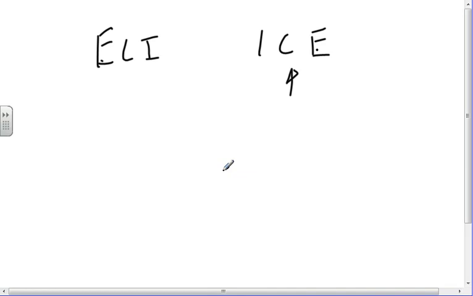Oh my goodness, on page 375 it actually says Eli and ice. I don't believe it. It says Eli the Iceman on page 375. Oh, look at that, halfway down there. Wow, that's so special.